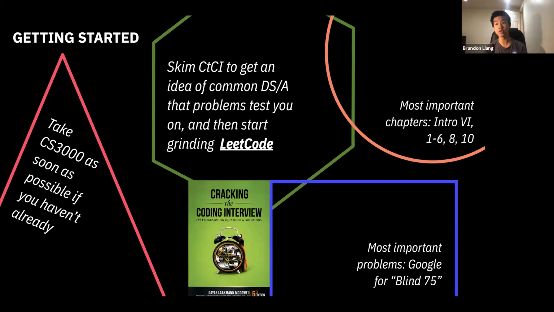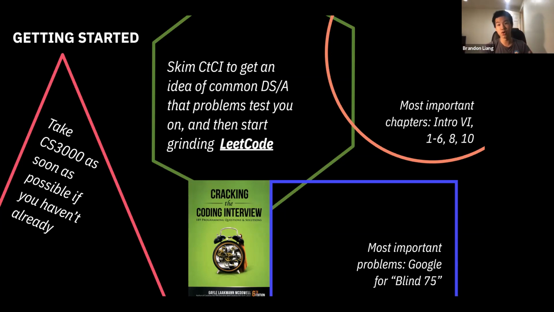But I will say that the most important piece of advice I have is to take CS 3000 as soon as possible if you haven't. This is so important, and I don't see it really stressed anywhere else. CS 3000, for those of you who are unfamiliar, is Northeastern's course in data structures and algorithms.